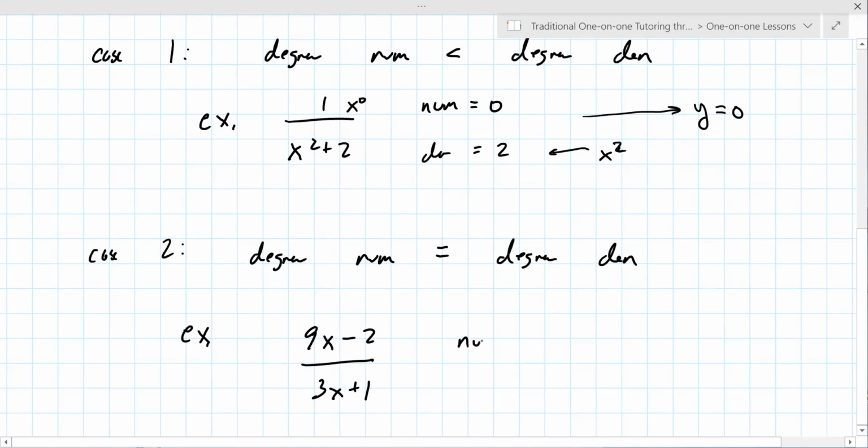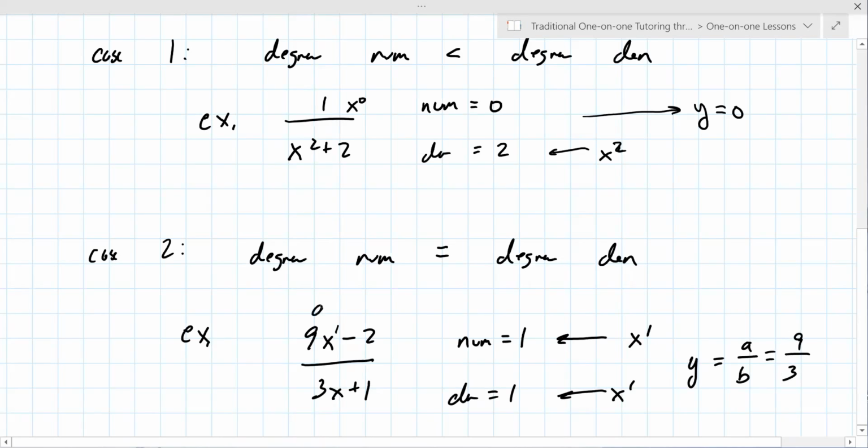The degree of the numerator is 1 because you have x to the 1, and the denominator is also 1 because you have an x to the 1. And in this case, it's y equals a over b, and in your problem, it would be 9 over 3. So it's the number in front of x, or whatever the leading term is. They say the ratio of leading terms.